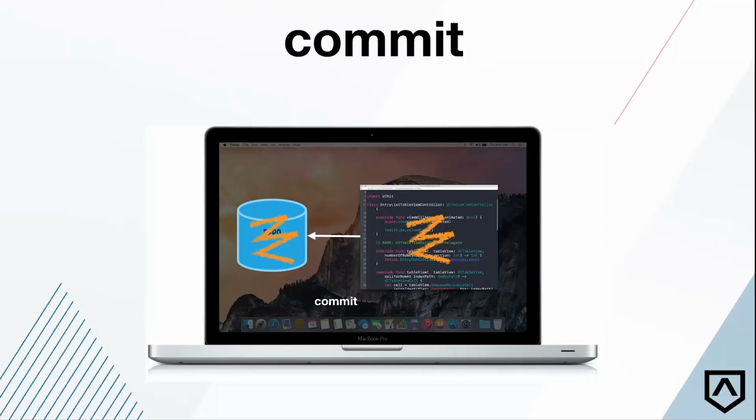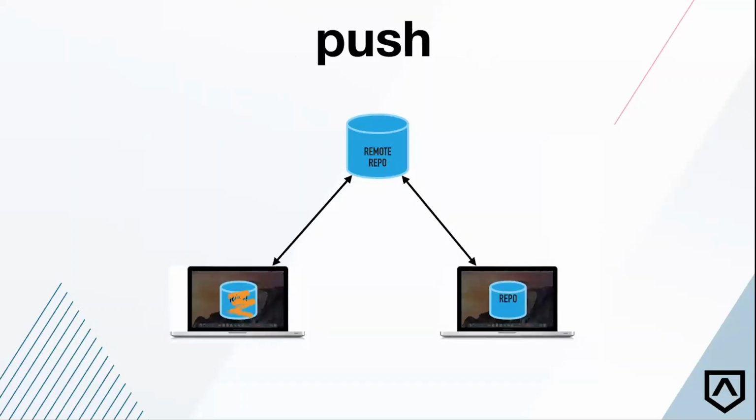Okay, so when we make changes and we commit them, those changes have been saved to our local repository, okay? So if I want to get those changes up to the remote repository so that my friend Ada has them, I need to push them up to the remote, okay? So I've got them locally, I've committed the changes, and then I'm going to do a git push and push those changes up to the remote repository, okay?